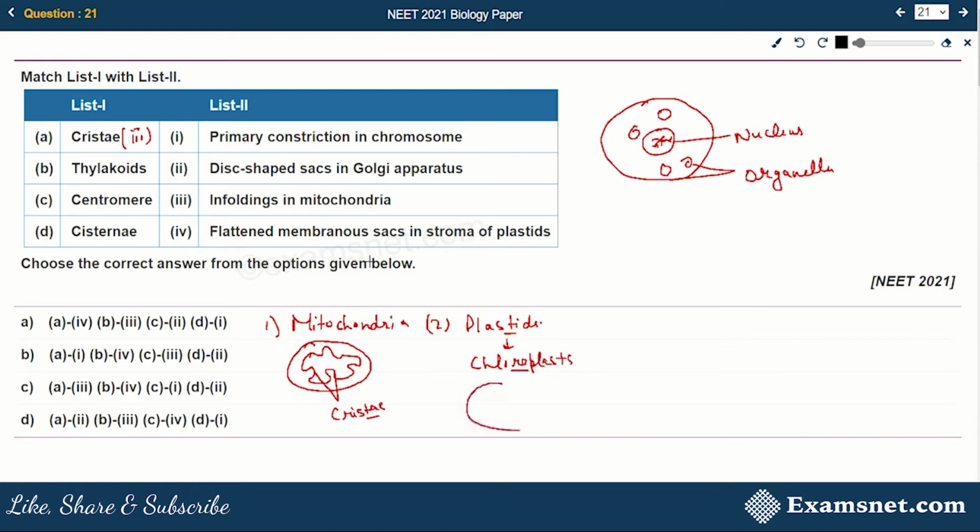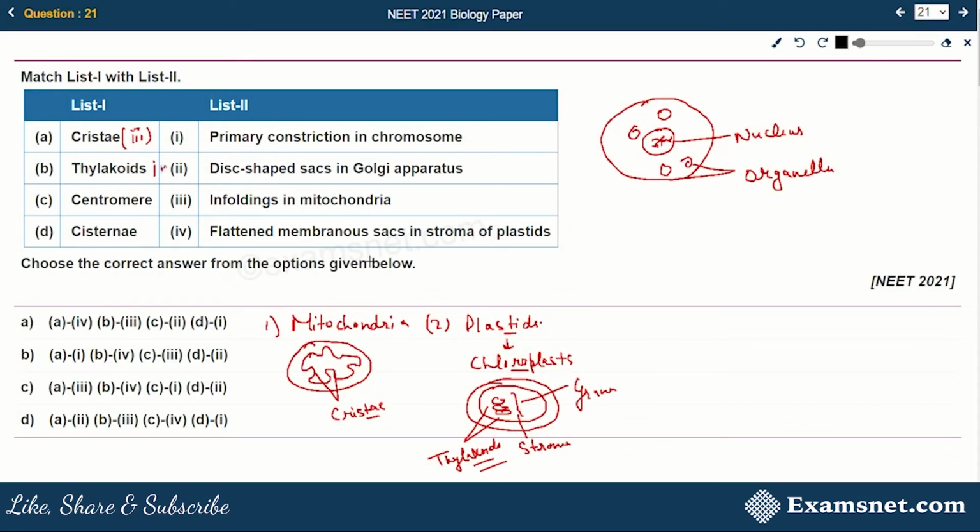So this chloroplast is also a double membrane structure, and the space that is limited by the inner membrane is known as stroma, and this stroma consists of various flattened membranous sacs known as thylakoids, which are arranged just like piles of coins known as grana. So the correct match for the thylakoid will be flattened membranous sacs in stroma of plastids.